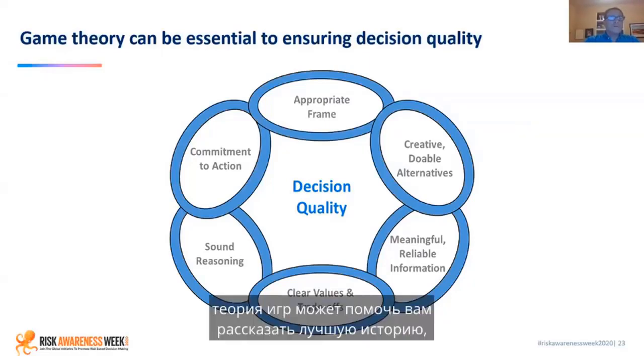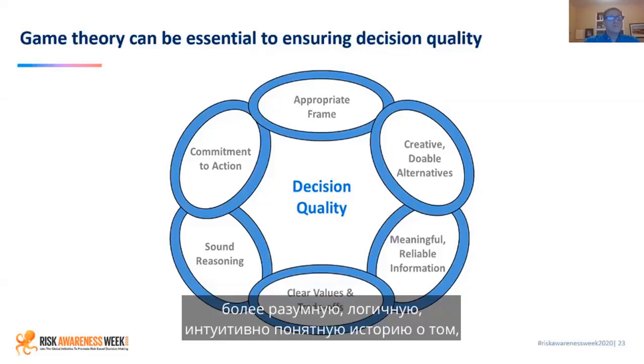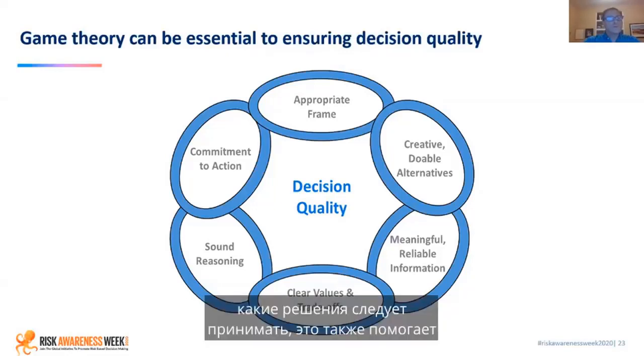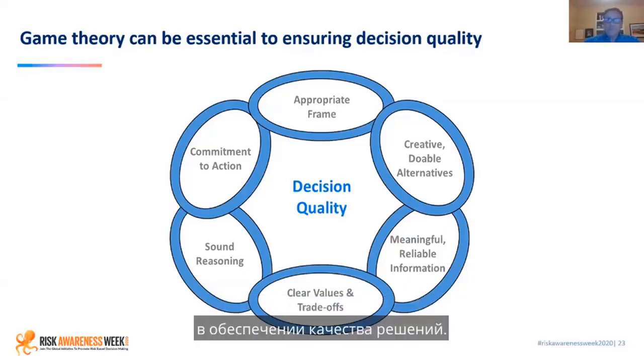And then, because game theory can help you tell a better story, a more sensible, logical, intuitive story about what decisions should be made, that also helps get a commitment to action in the end. So game theory can really be essential to ensuring decision quality.